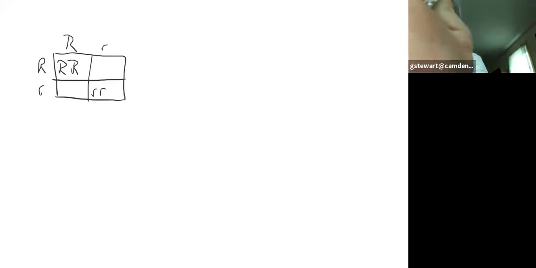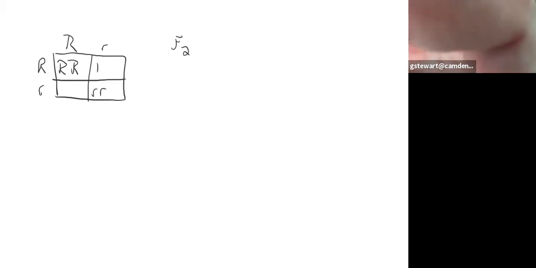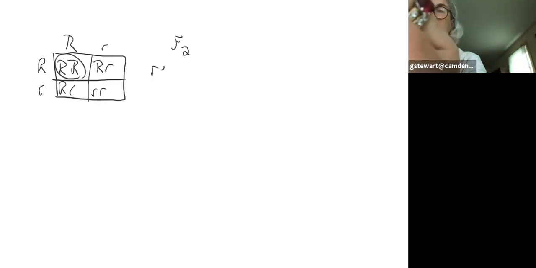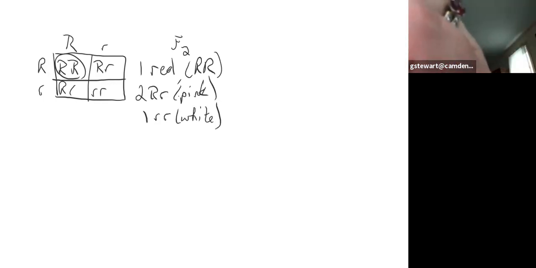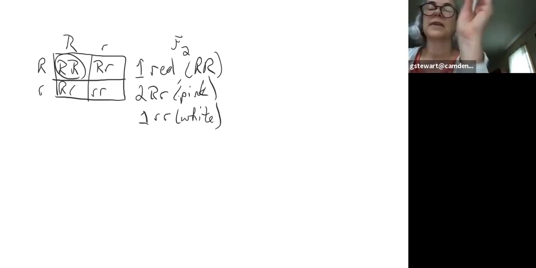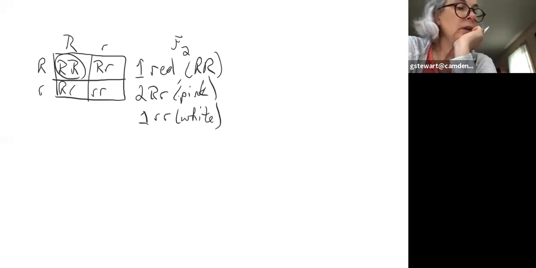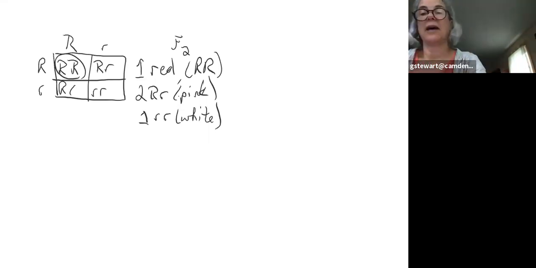So in the F2 generation, we would have the three phenotypes of one that is red, two that are pink and one that is white. So this one would be RR, this one would be pink, and this one would be white. Like that.